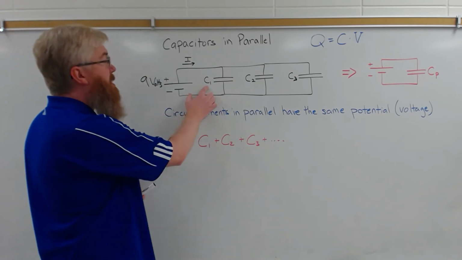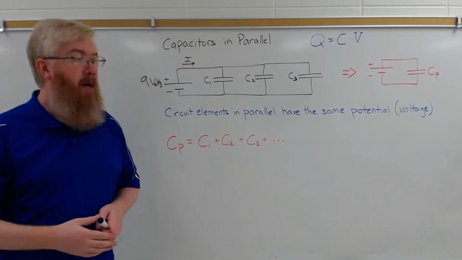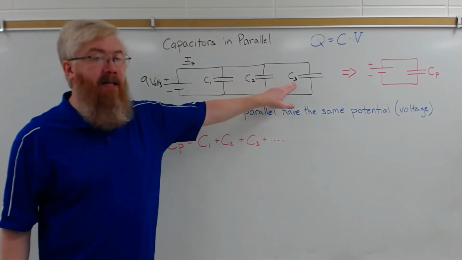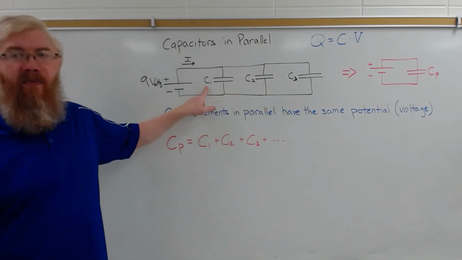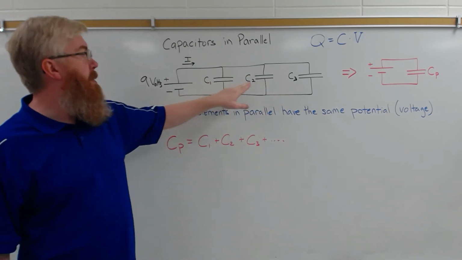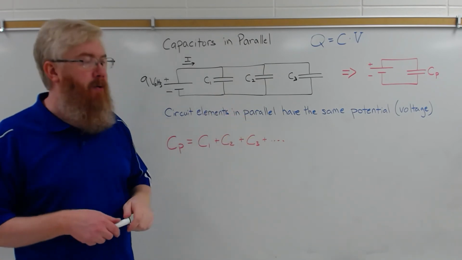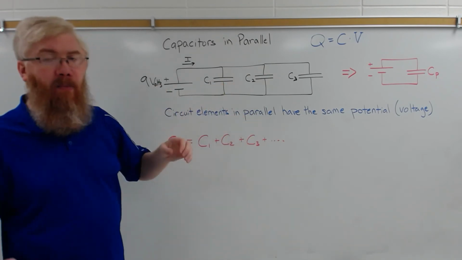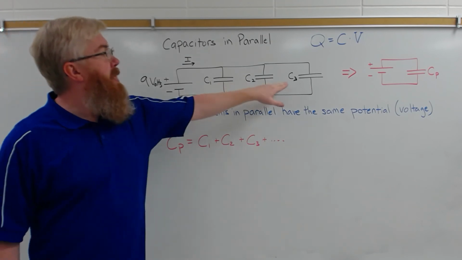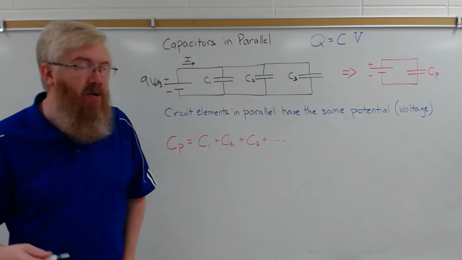So each of these capacitors has the same voltage, but they might have different capacitance values. This might be a 10 microfarad capacitor, this might be 20, this might be 30, or 1, 5, and a billion, whatever values. You can make them whatever you want, depending on the capacitor you're using.